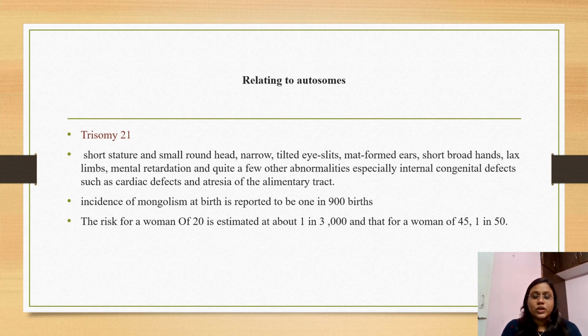But a lot of times you must have seen these patients in OPD also. So they have tilted eyelids, malformed ears, short broad hands, lax limbs, and they are mentally retarded. In addition to that, they have congenital defects also, such as cardiac defects and atresia of the alimentary tract. Trisomy 21 or Down syndrome has a relation with advancing maternal age.